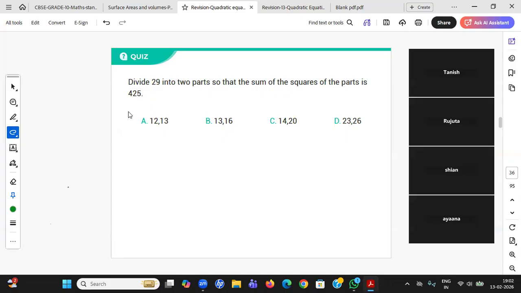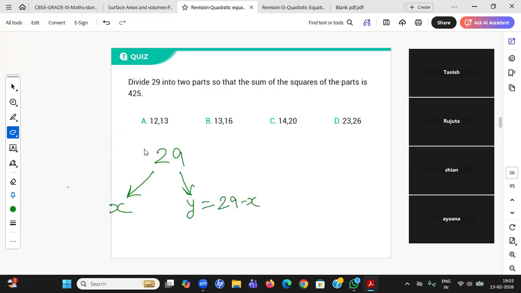Always start with what you are taking as x. One part of 29. So you want to take one part as x. Then the other part, can we take 29 minus x? Very good. You can take y, but ultimately you need to convert y into 29 minus x.